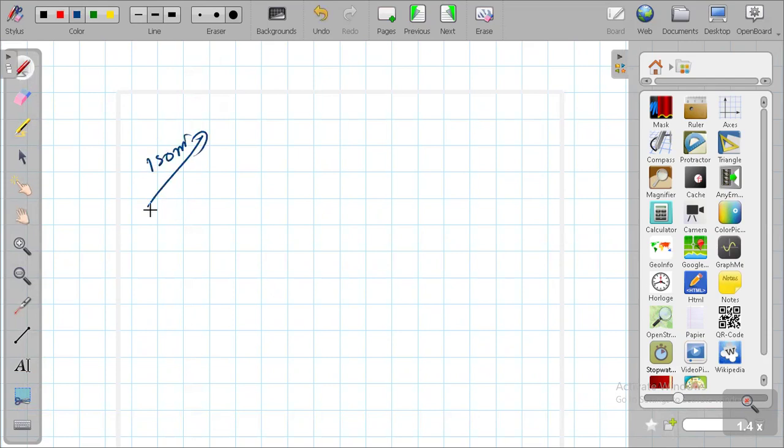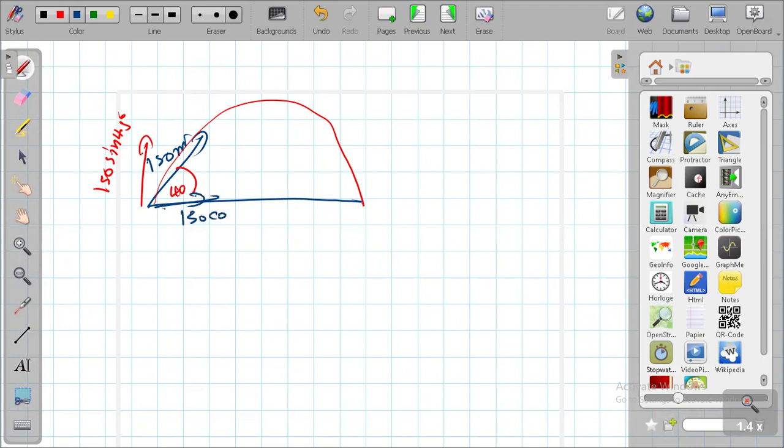It will follow this type of path, with components 150 sine 45 and 150 cos 45.